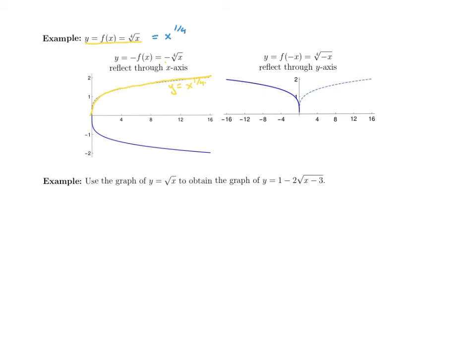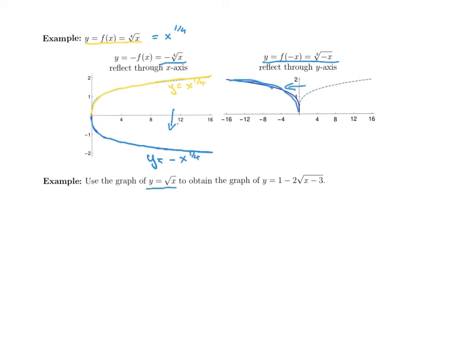When I multiply the whole thing by a minus, then it gets reflected in the x-axis, so the graph of y equals minus x to the 1 over 4 looks like this. On the other hand, if I were to change the x to minus x in the formula, then it would get reflected through the y-axis, and the graph would look like this.